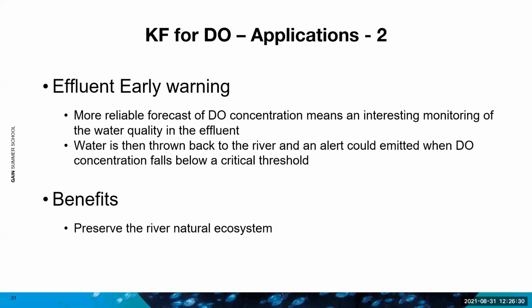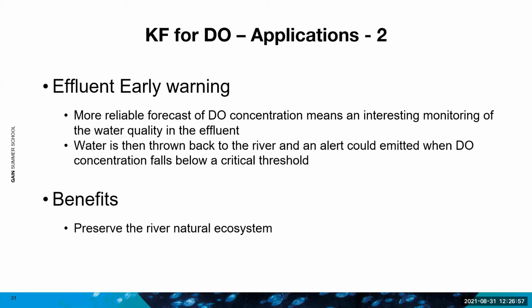The second application we can think about is that, of course, you have an estimation of what's going on in the effluent. So you can think about an early warning for the effluent, because the water is going back to the river. So you can monitor the quality of the water I'm giving back to the river, and you can then preserve the natural ecosystem of the river.